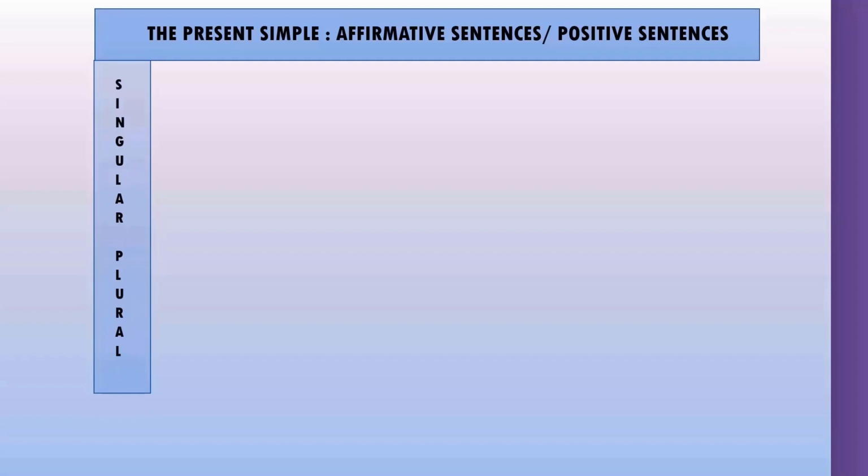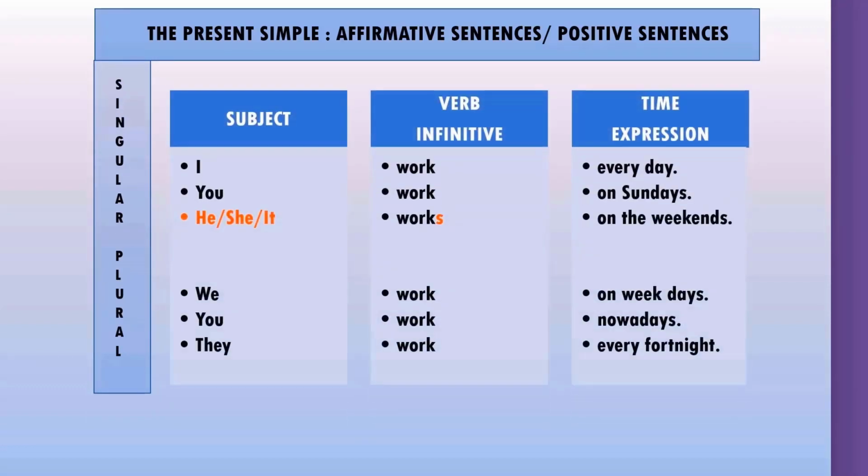We have singular and we have plural. Your singular subjects are I, you, he, she, it. Your plural subjects are we, you, they. We just talked about what a subject is: the person or the thing doing the action.